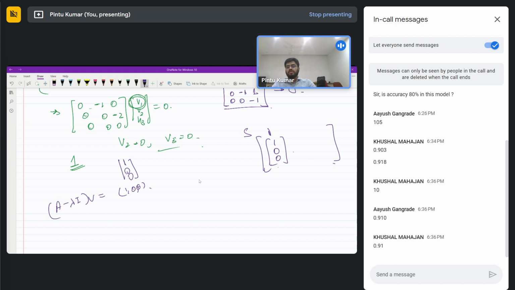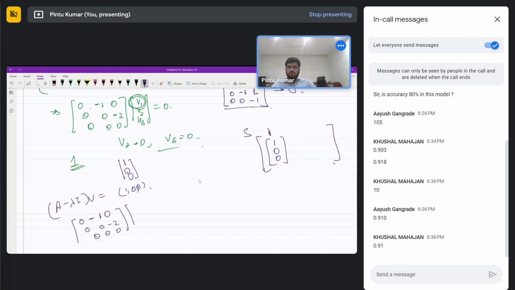So this would mean that v2 in that case is actually minus 1. You can calculate this, but I'll just do it quickly. This is the matrix 0, -1, 0; 0, 0, -2; 0, 0, 0.